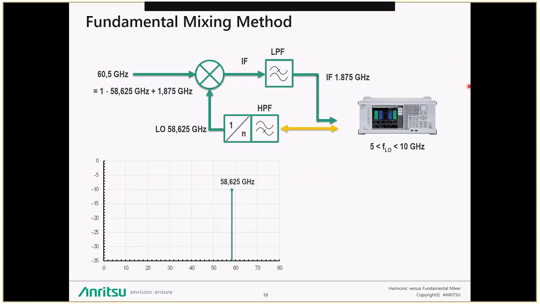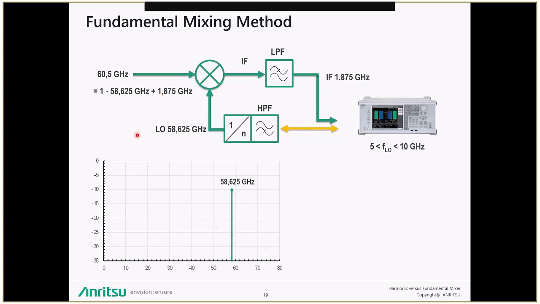Okay, let's go to the same example, but now with a fundamental mixing method. We are trying to analyze again the 60.5 GHz signal using the same Anritsu benchtop spectrum analyzer. So the IF is exactly the same. The local oscillator will sweep again from 5 GHz up to 10 GHz, but now we are not using a harmonic mixer anymore, we are using a fundamental mixer.